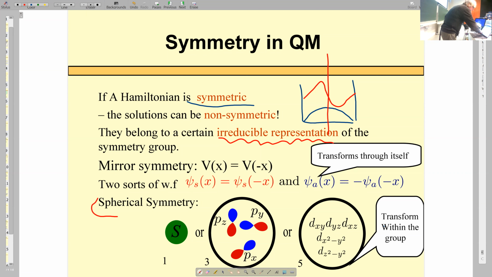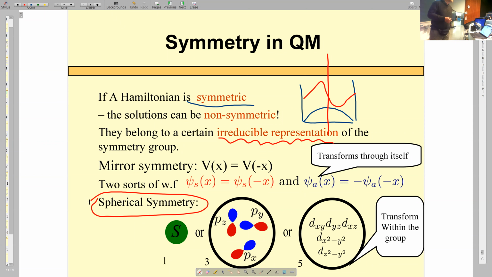Let us recall what we know about atoms. Let us recall the hydrogen atom, for instance, where we have an electron, or perhaps many electrons, in a spherically symmetric potential, the spherically symmetric potential of the nucleus.